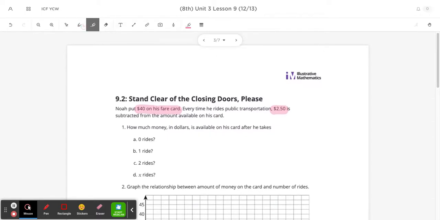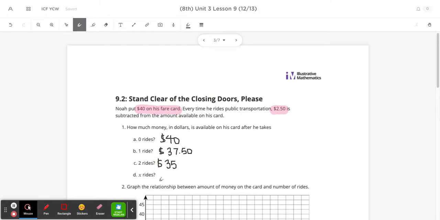So after 0 rides, we know that he would still have $40 left. But after 1 ride, he's used $2.50, and so instead of having $40 left, he has $37.50 left. After 2 rides, he would have $35 left.